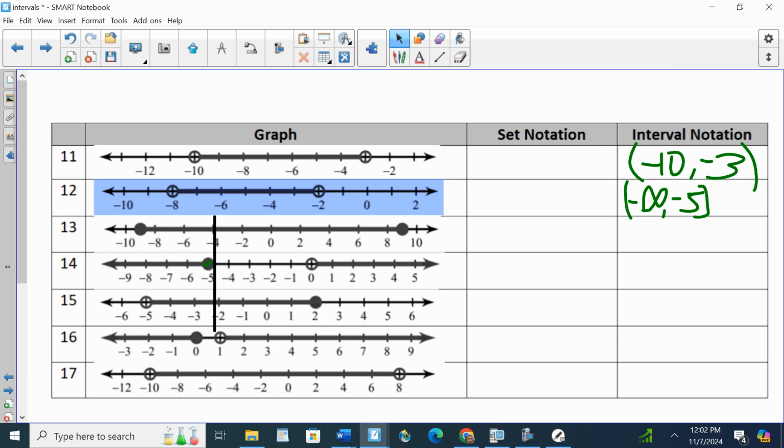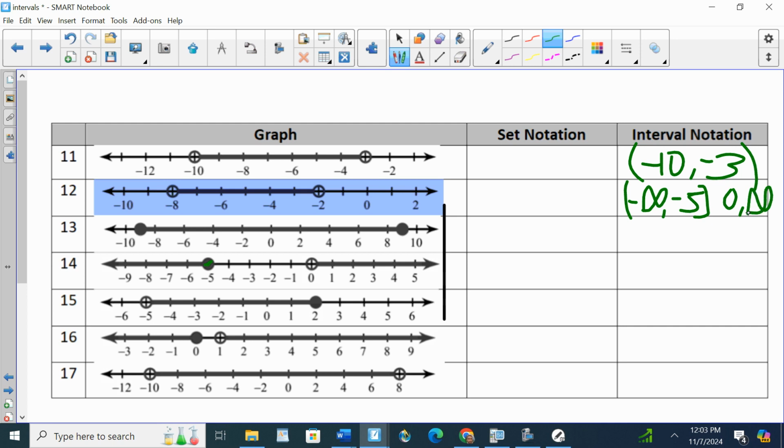So now I'm just going to make another set. This one starts at 0. So I'm going to write 0, comma. I have graph, graph, graph. It goes on forever. Infinity. Infinity always gets a parenthesis. The 0 gets a parenthesis since it's open. And technically, you're supposed to write or in between them if there's two pieces, but I'm not too concerned about that.